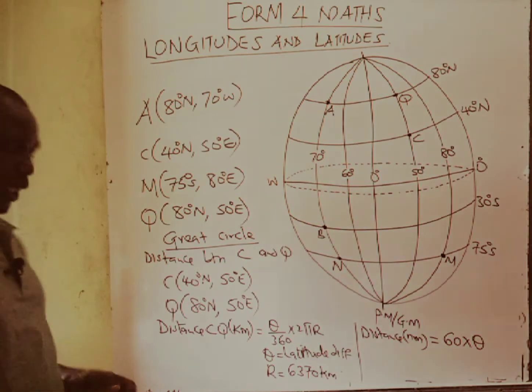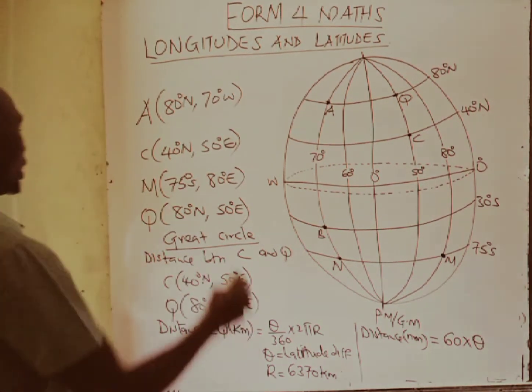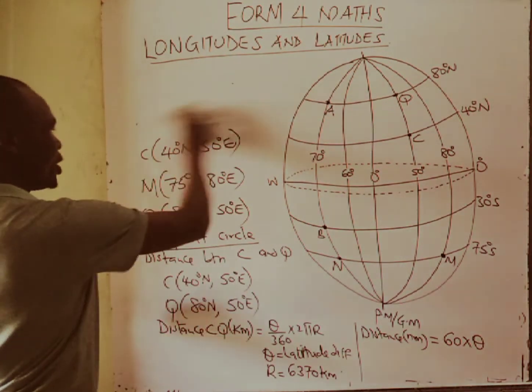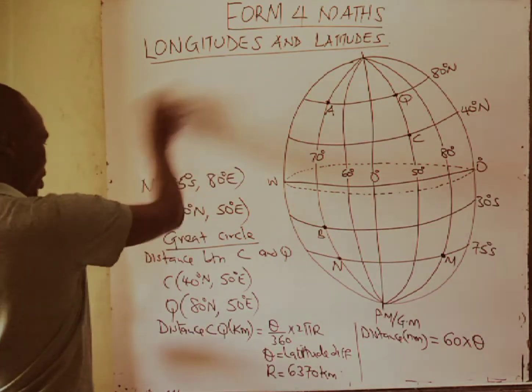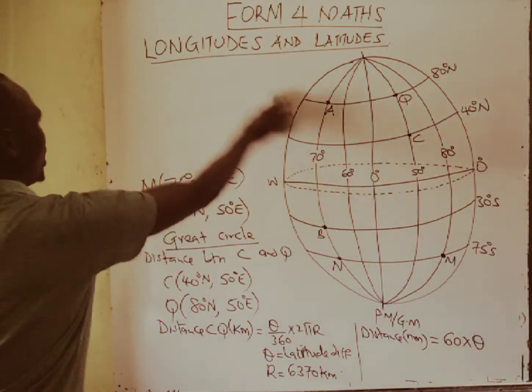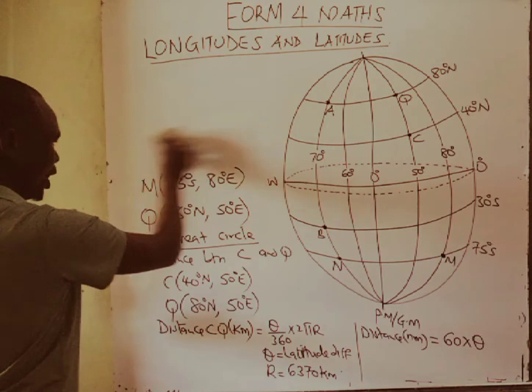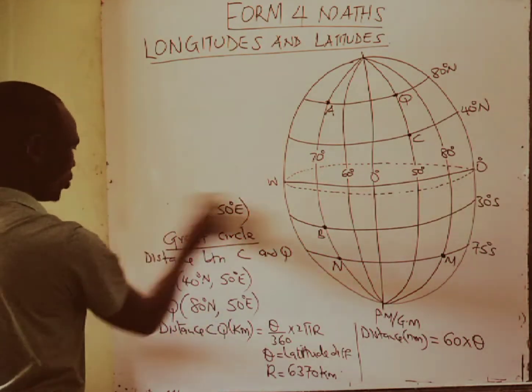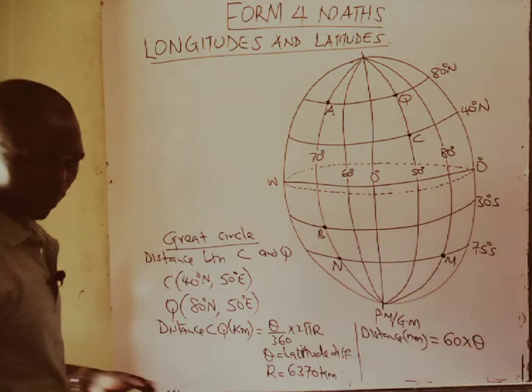Another thing that one can be asked is to calculate distance between any 2 points that lie on, for example, a small circle. How do you know that 2 points lie on a small circle?